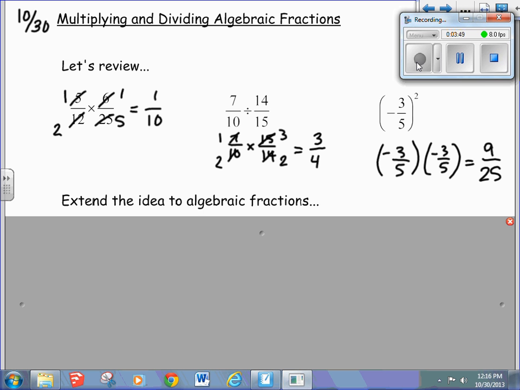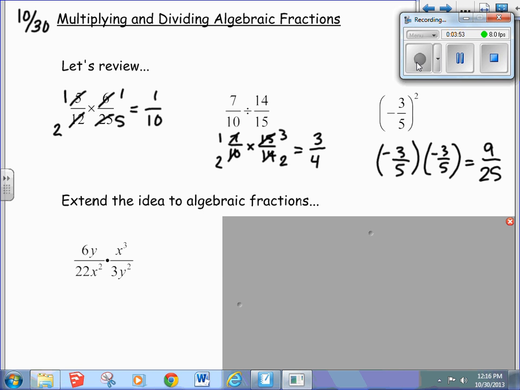So we're going to extend the idea to algebraic fractions. Like this: 6y over 22x squared times x cubed over 3y squared. No big deal. Here's the one big thing that's different here, and I mentioned it up there.